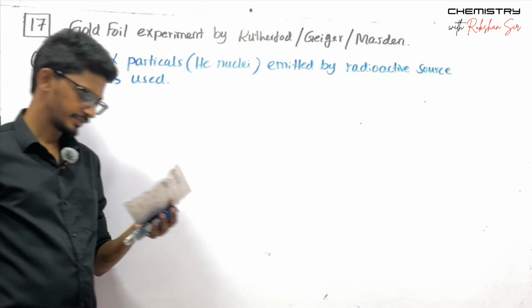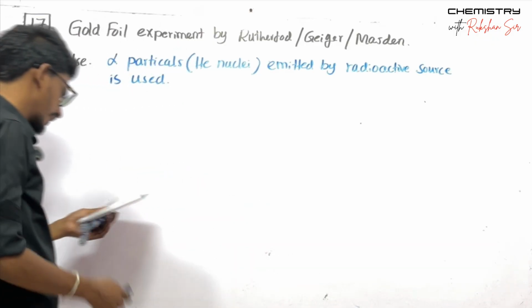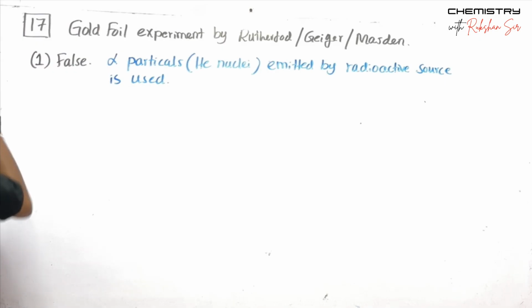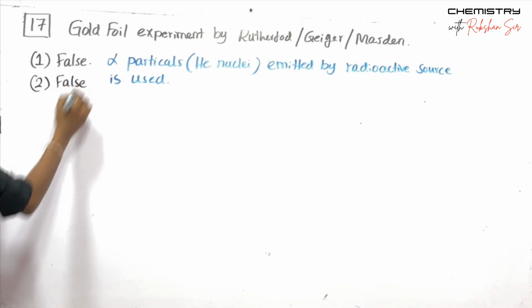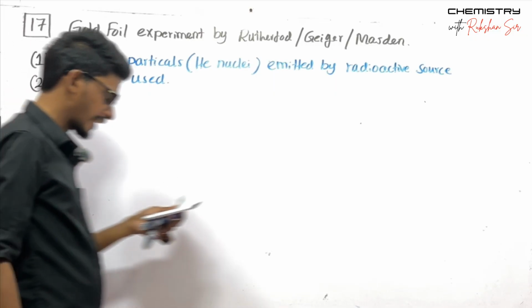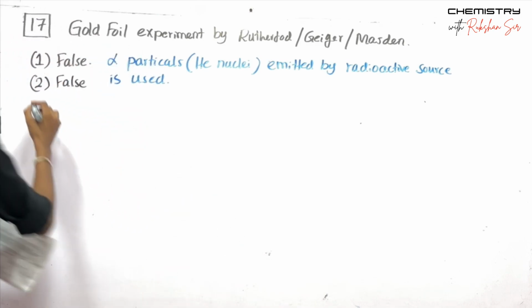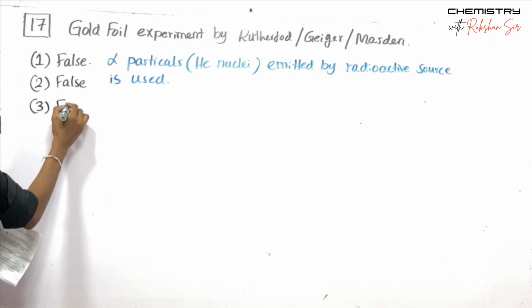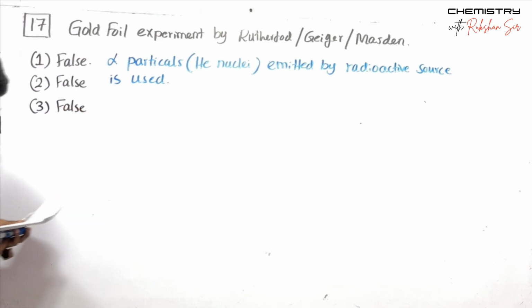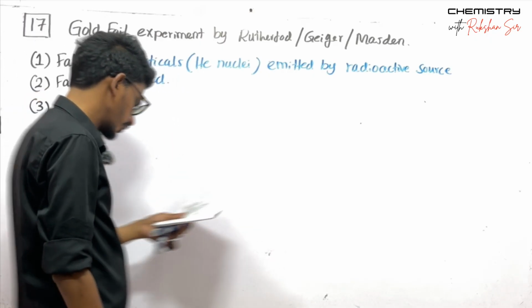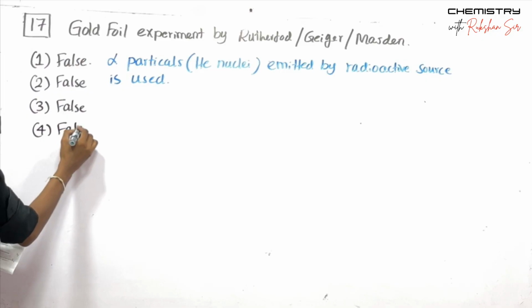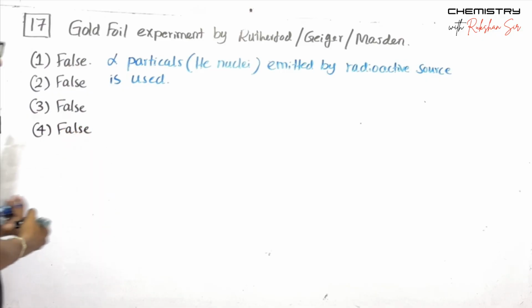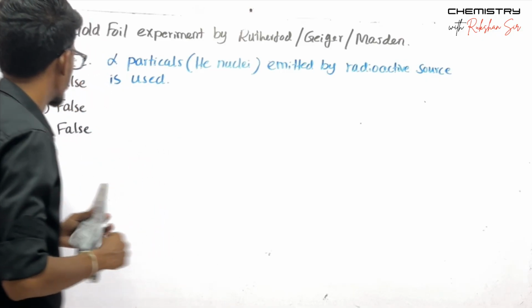Second statement: Cathode rays were used by Geiger and Marsden. So it's false. Just alpha particles. Accelerated cathode ray particles were used? No, this was also false. Accelerated neutrons, no. So just alpha particles emitted by a radioactive source are used.